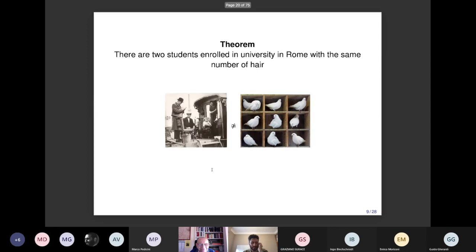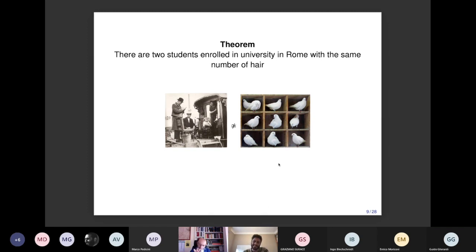And I think that we all agree that the two proofs are not the same, because in one, I really have to perform all the steps, while in the one using the pigeonhole principle, I use a little bit of math.